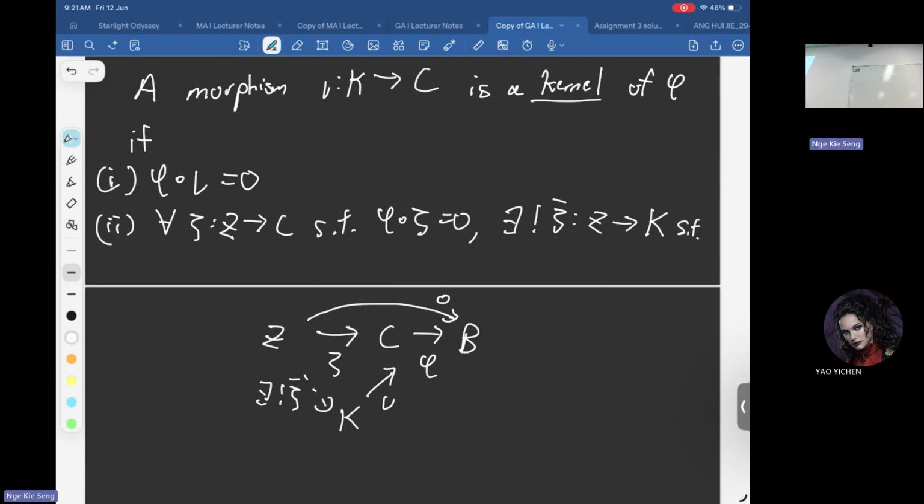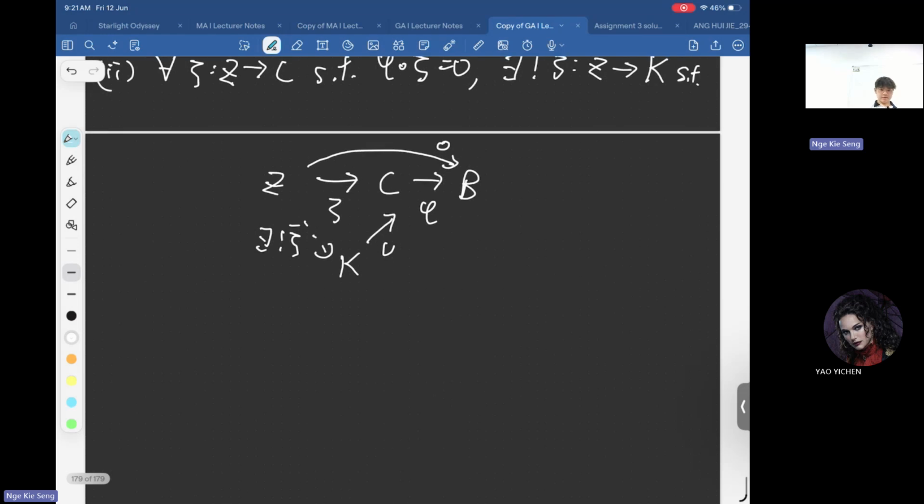You can think of it as the largest. Think of the kernel map: everything else that can make it zero should live inside this kernel. Direction is important.